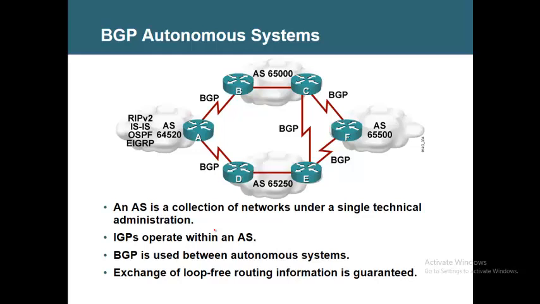BGP has its own place where it should run. You cannot have BGP as a replacement for OSPF. Even though this is a routing protocol, I cannot replace OSPF by removing it and using BGP. That's going to be very costly for us. In what way?